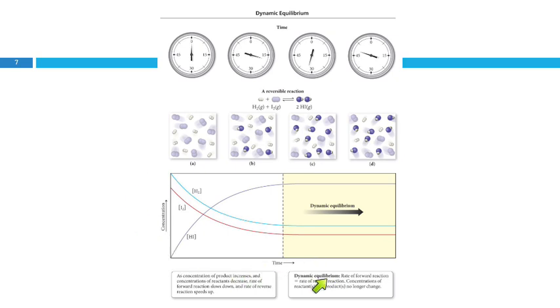Concentration versus time. We start out with no HI. We've got hydrogen and iodine. As the reaction proceeds, these concentrations go down and the rate of the forward reaction goes down. As that happens, it produces HI, the product.